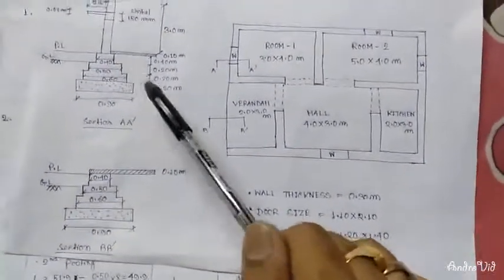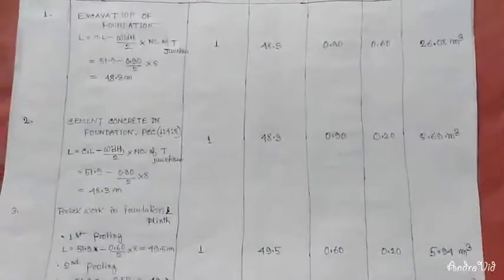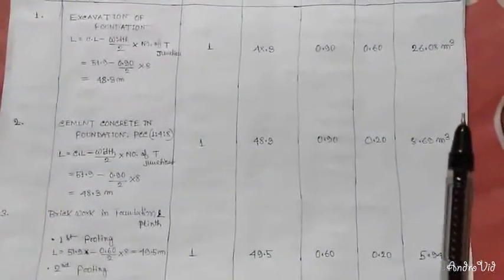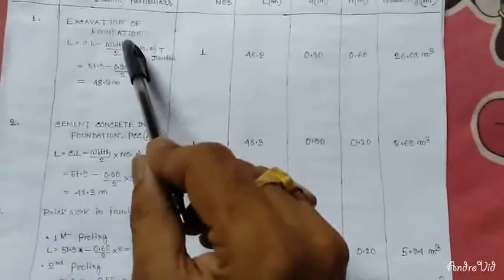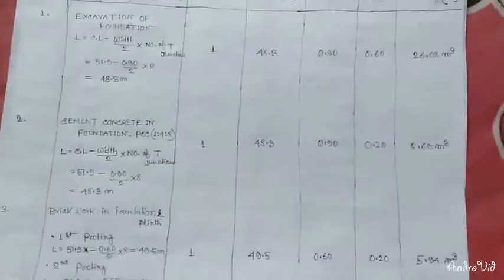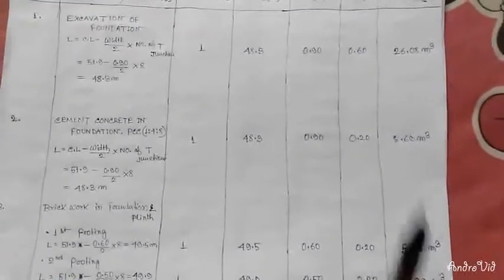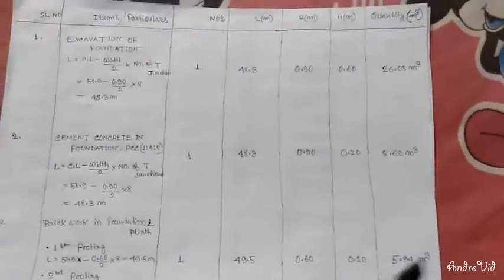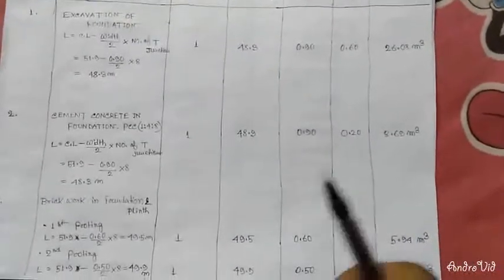Now we have to find out the length of the foundation. Length equals, we have our correction formula, center line minus width of the item by 2 into number of T junctions. For every item we have to calculate the length, because the width of the item is going to change for every item, and we have to use the same correction formula everywhere.